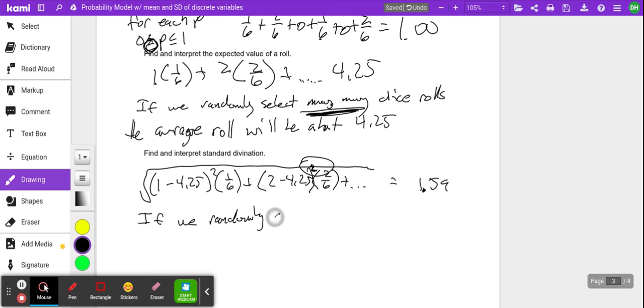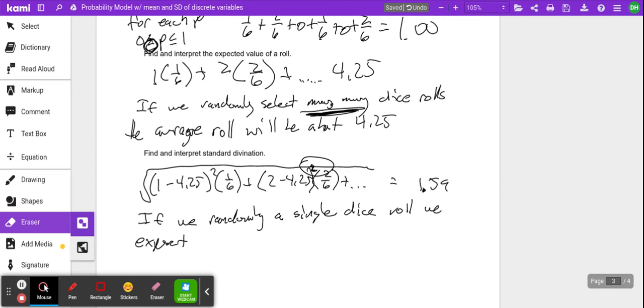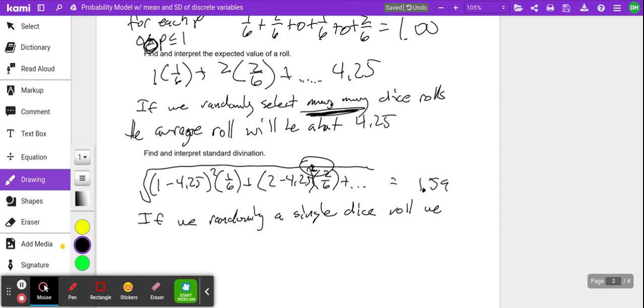If we randomly select a single dice roll, we will expect, I guess maybe I should have a script here, might be a little bit better.